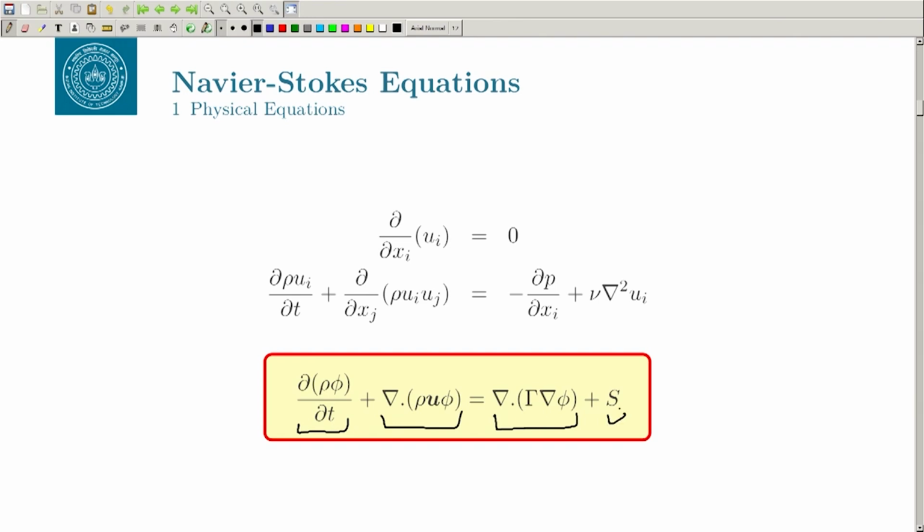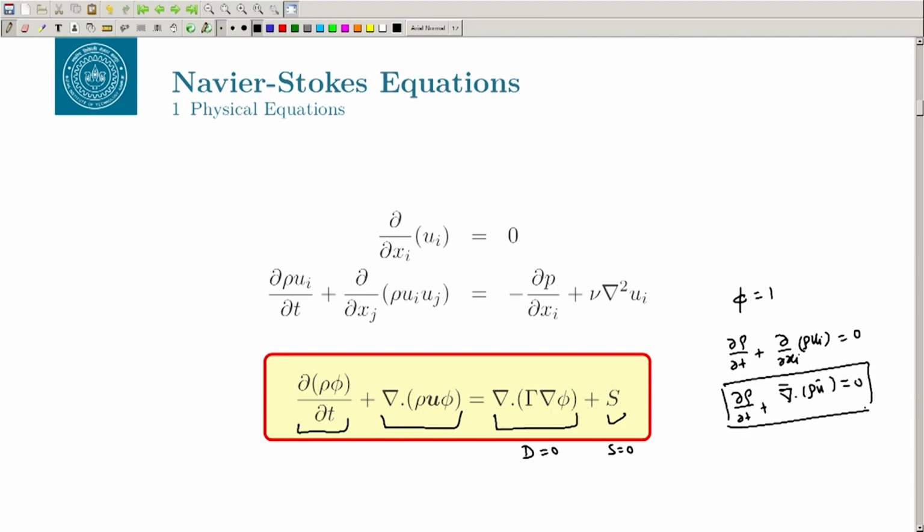Now, if you put phi equal to 1 in this equation, and put the diffusion term equal to 0 and the source term equal to 0, what you will get is del rho by del t plus del by del x_i of rho u_i equal to 0, or in vector form del rho by del t plus del dot rho u equal to 0. What is this?